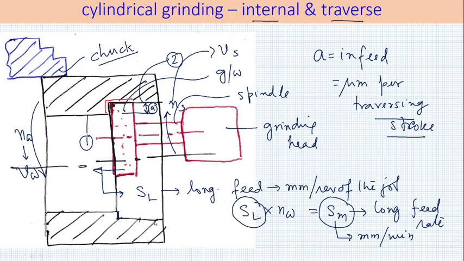Then this SL should depend on NS, no? No, it would not depend on NS. It would depend on revolution of the job. Sir, but both job and grinding wheel are driven by different motors, no? Then how is it related? Sorry? This grinding wheel and this job both will be driven with different motors, no? No. See, this is being driven by a motor.